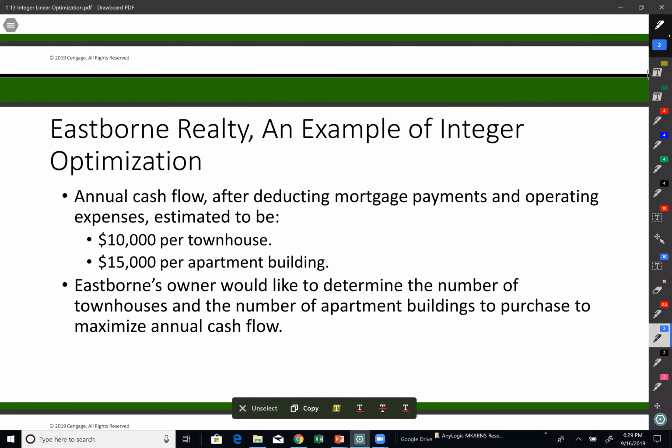The profitability of a townhouse is $10,000 per townhouse, and for an apartment building is $15,000 per apartment. Let's say these are per year.